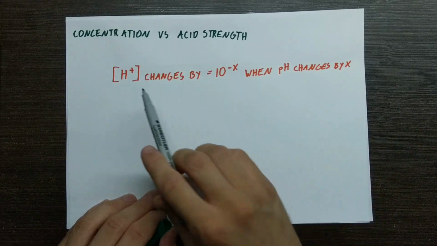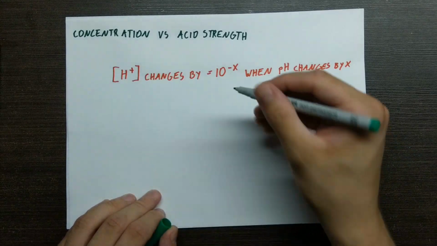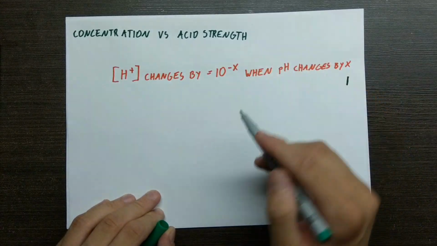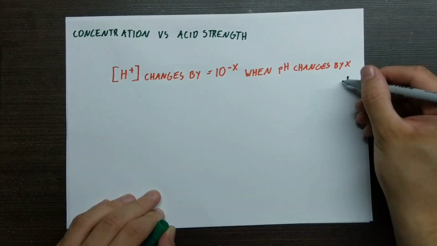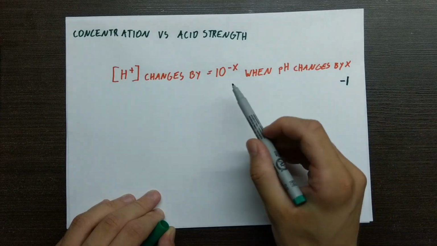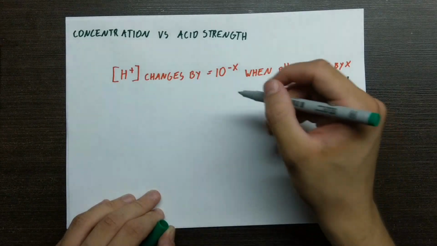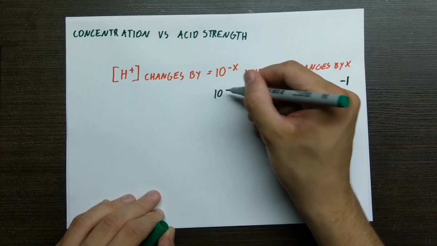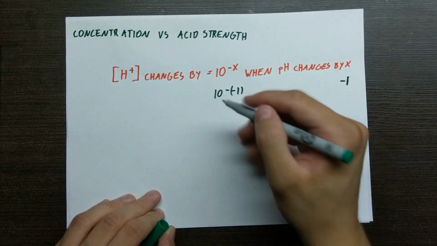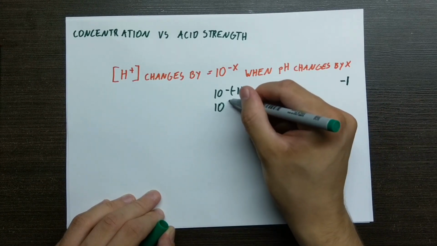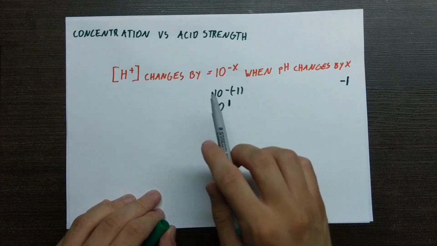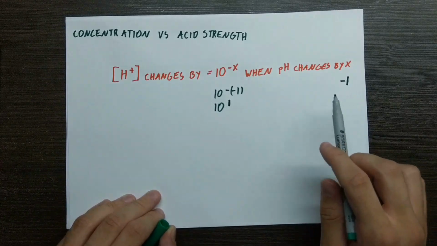So, for example, if pH falls by 1, so if pH changes by minus 1, then the concentration of H plus ions will change by 10 to the minus 1. So it will change by, essentially it will turn to 10 to 1. So concentration of H plus ions will change 10 times. It will increase 10 times if we decrease pH by 1.